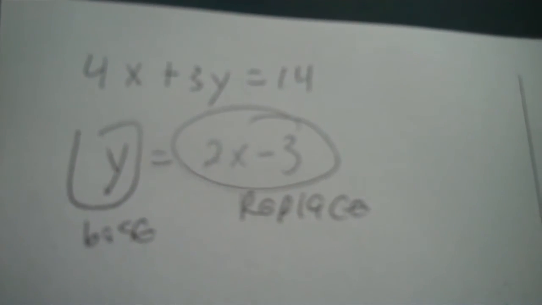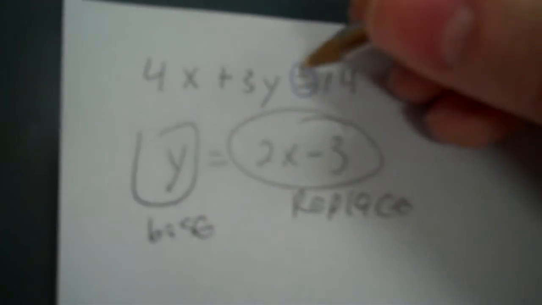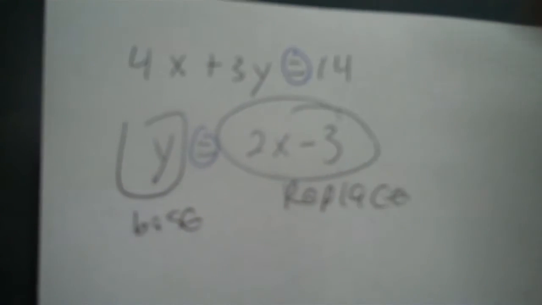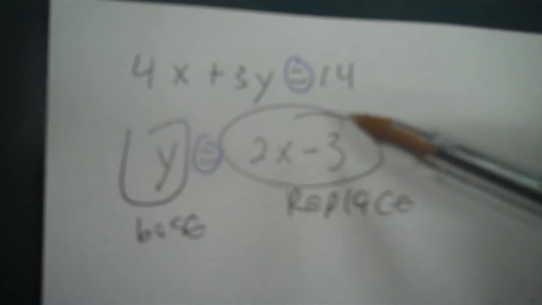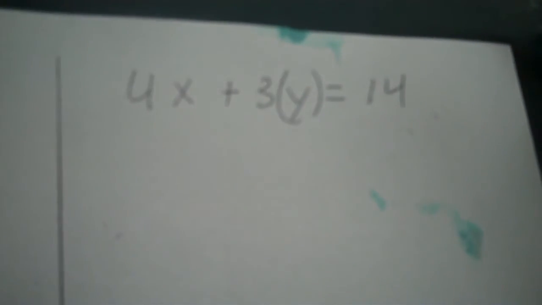Okay. On the back page, 4x plus 3y equals 14, y equals 2x minus 3. So it's the y letter that's by itself, okay? It equals 2x minus 3. So I wrote the equation that doesn't have the base replace, 4x plus 3y equals 14.